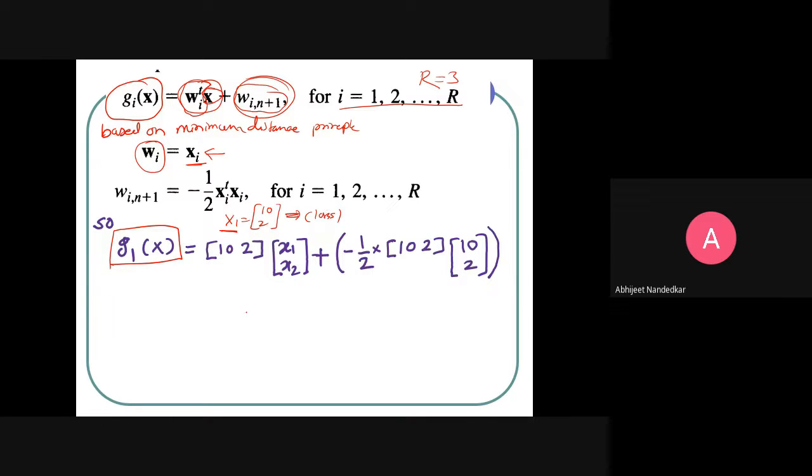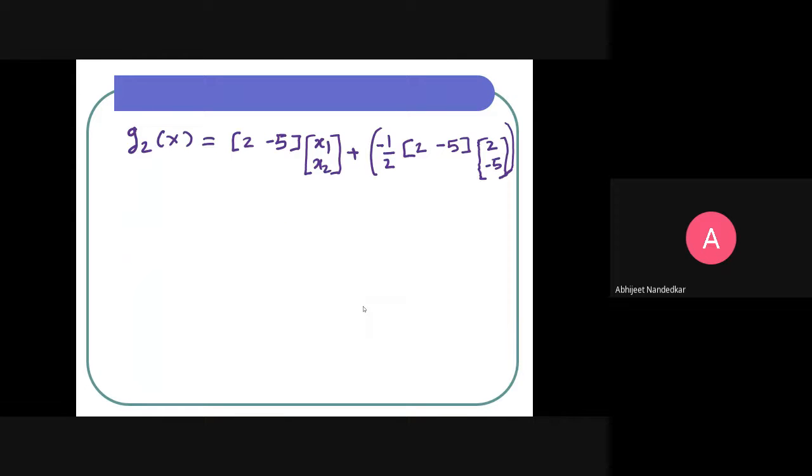I need to calculate this, where x has two variables, x1 and x2, which are space variables. Then plus minus half X1 transpose X1. If you simplify this, you will get 10x1 plus 2x2 minus 52.